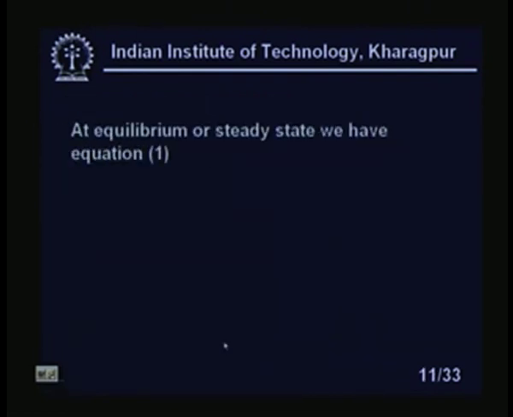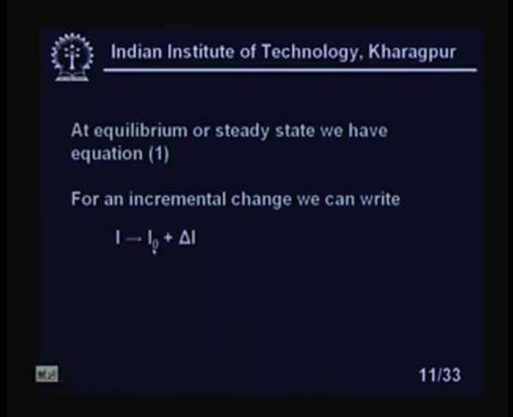At equilibrium or steady state, we can have the equation 1 as, for incremental change we can write, for there is a change in the wire temperature. So, change of velocity, what will happen? Let us, for incremental change, I has changed to I naught plus delta I. T_W, wire temperature, previously it was steady state condition T_W0, in the first equations we have written like this, then plus delta T, change of temperature of the wire.